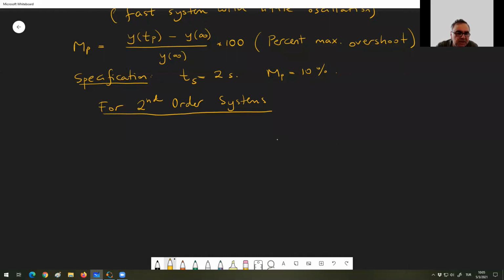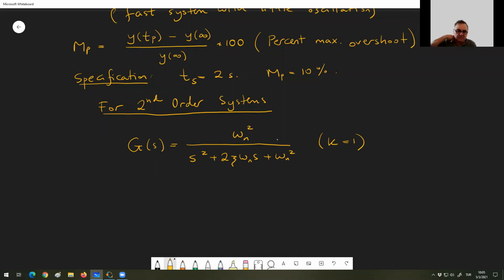If you approximate your control system, the closed loop transfer function, by a second order system, like this one, omega n squared over s squared plus 2 zeta omega n s plus omega n squared. As you remember, the steady state gain of this system is 1, because if you design a control system properly, the steady state gain will be 1, so that there will be no steady state error.